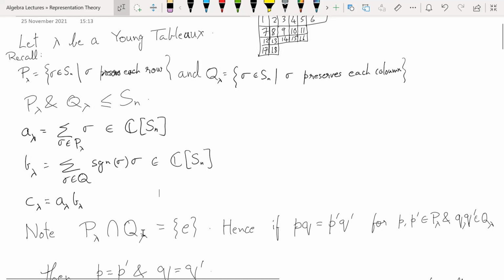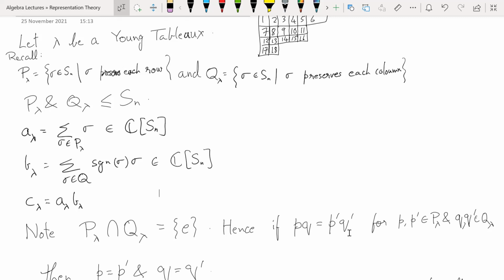Okay. So this in particular tells you that if I take some element P and Q, where P is in P lambda and Q is in Q lambda, and some other element P prime and Q prime with the same property, and if their product happens to be the same, then P is the same as P prime and Q is the same as Q prime. Yeah? So this is the standard trick in group theory you must have seen. The reason is you just multiply by P prime inverse and Q inverse.